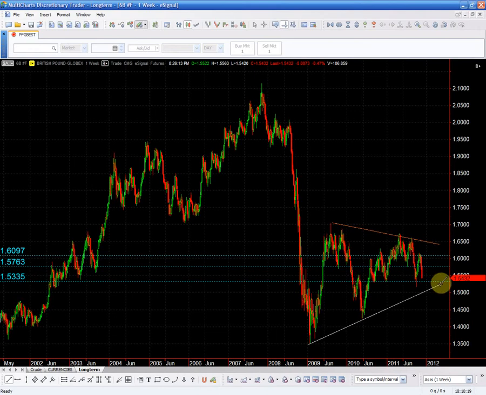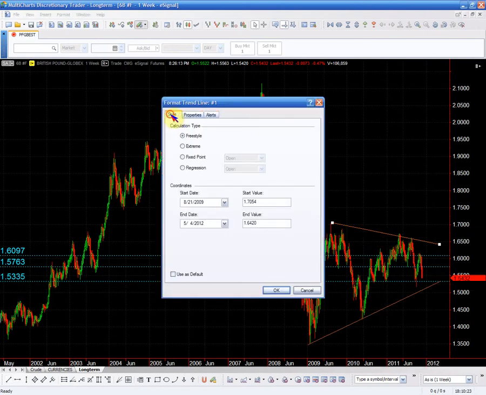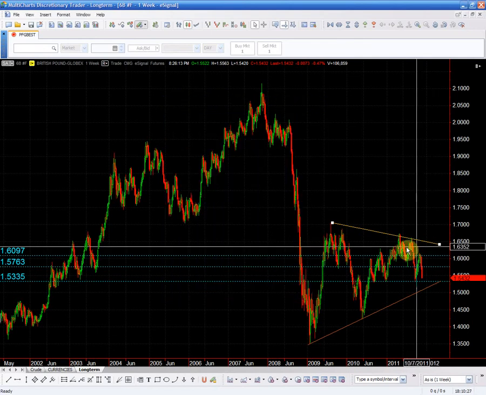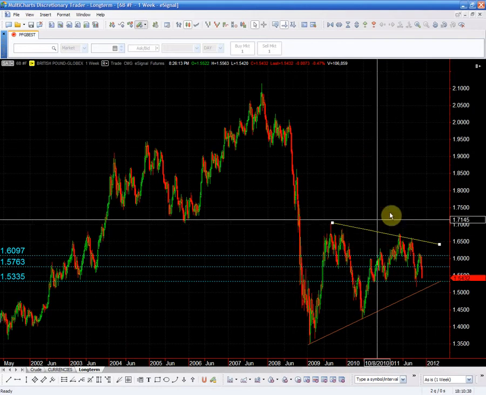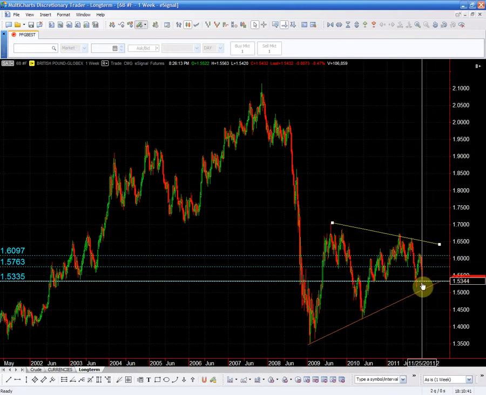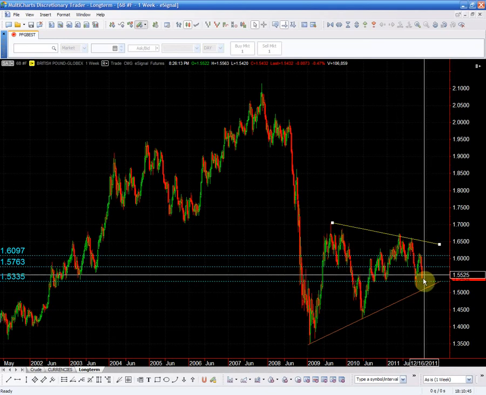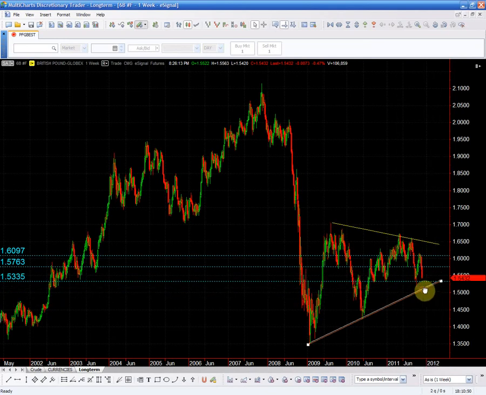You can consider this a continuation, but it is just a major pause that has been taking place for about a year and a half from 2010 in the pound, and now it is beginning to resolve itself to the downside, and a break below the 153.35 should lead to a major capitulation to the downside in the British pound.